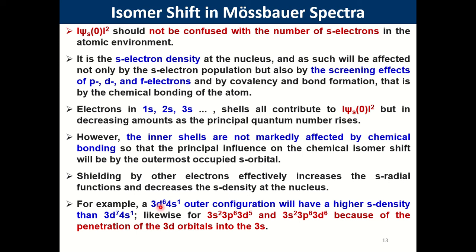These d electrons will shield the nuclear charge, and this electron in the s orbital is not able to see the full nuclear charge at the nucleus. It will feel only a partial attractive force of the nucleus.